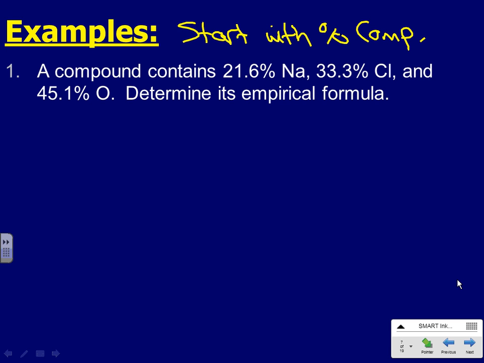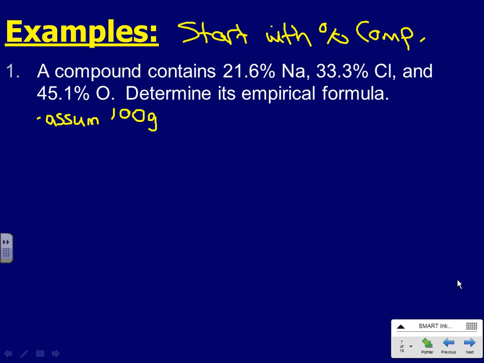I can start with entities, but those are back to the atoms. We don't want to deal with atoms. They're way too small. What else can I convert there? Grams. So if I'm starting with a mass, then I could convert that to moles. If I'm given a percentage and I assume that I have 100 grams of that substance, then it's going to be very easy to determine how many grams of substance I have.